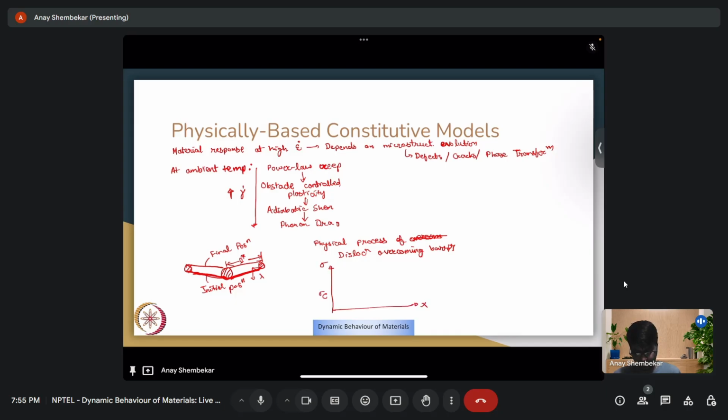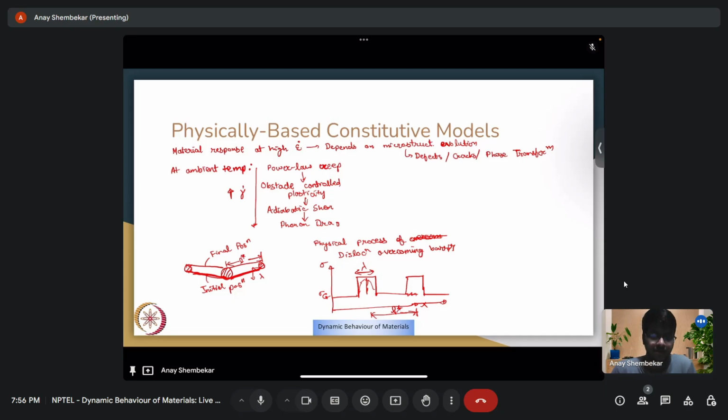There is an athermal component based on long range obstacles. We have a short range obstacle. We also have other shapes such as hyperbolic or sinusoid. You'll have another short range barrier after a while and so on. This distance between the two short range barriers is L star, whereas the width of the barrier itself is lambda. You can see it from the diagram on the left.